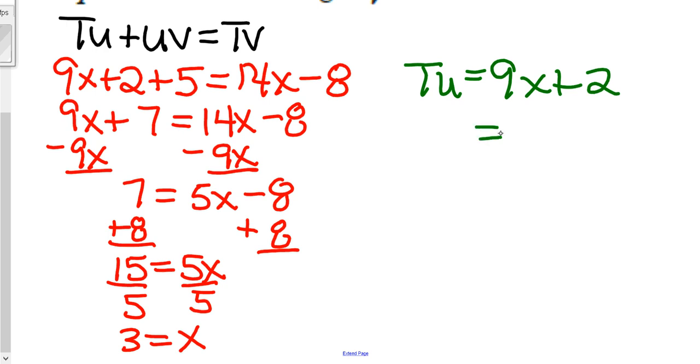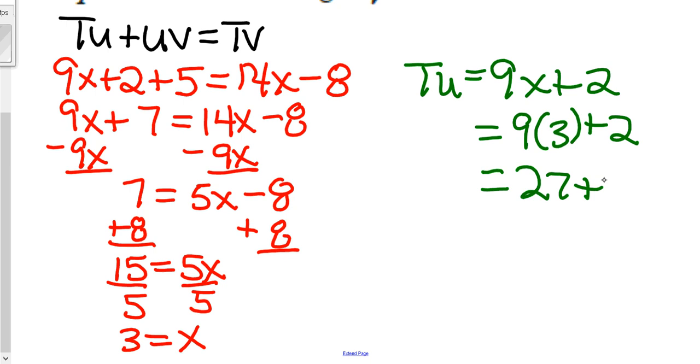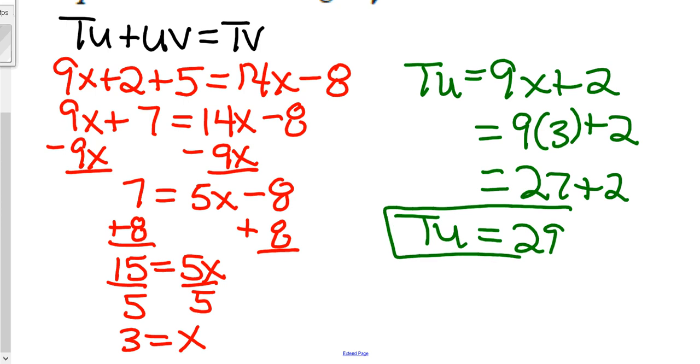So then we're going to substitute our x that we just found, 3. So 9 times 3 plus 2. 27 plus 2. TU is 29. And that is our final answer.